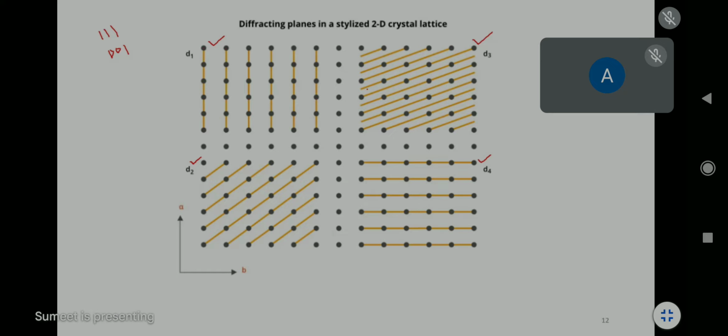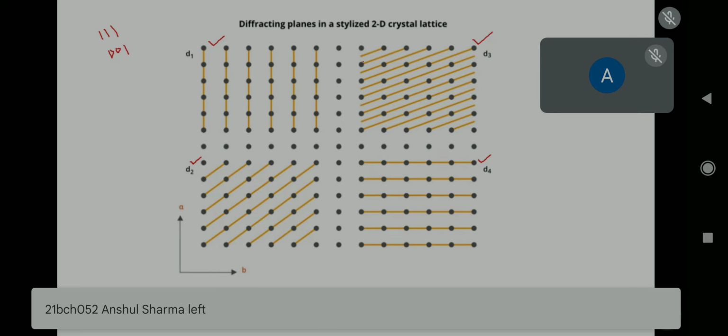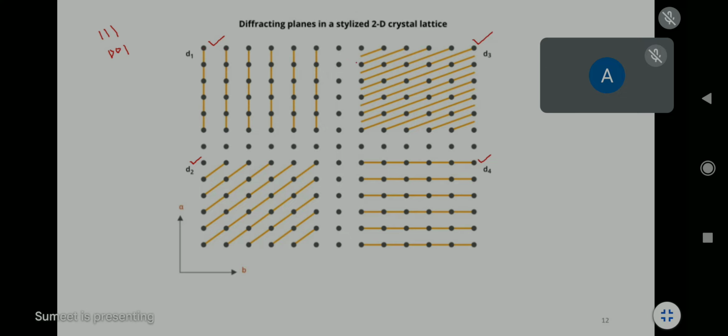And these X-rays which strike the material will get reflected from the atoms placed in this crystal lattice, and that diffraction will lead to constructive and destructive interference, and that interference will tell us about the plane from which the wave is getting reflected.